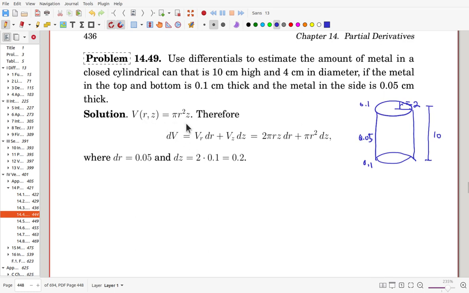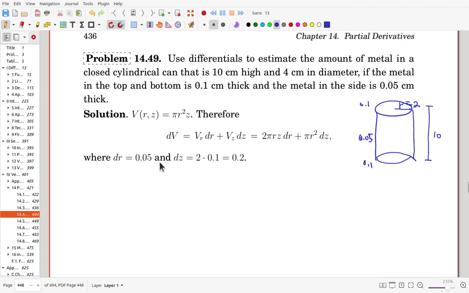So this is the total volume. Now that is a volume change. So you may think in this way: out of this whole volume, just the can is the volume change. So by using dV, we can get the approximate amount of metal. Right? Okay.